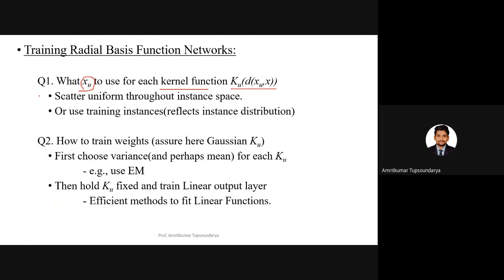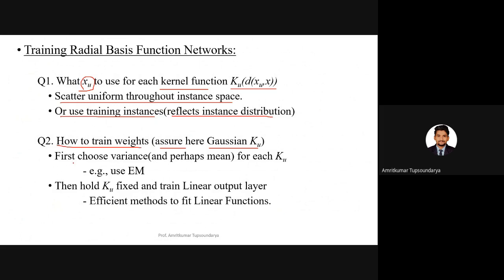The answer is that we should scatter them uniformly throughout the instance space, or use training instances which reflect the instance distribution. Another important question that arises is how to train the weights. We need to assure here that the Gaussian is kernel Ku.